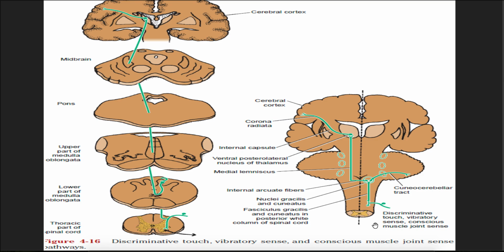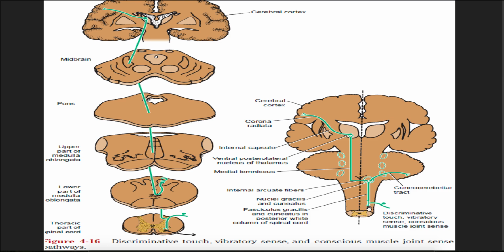They'll enter, ascend in the spinal cord, and in the medulla, you will have two nuclei called nucleus gracilis and nucleus cuneatus, each for its own tract. So you will have one fasciculus gracilis and one fasciculus cuneatus for the right side, one nucleus gracilis and nucleus cuneatus for the left side. So in all you have four nuclei in the medulla, two on each side.